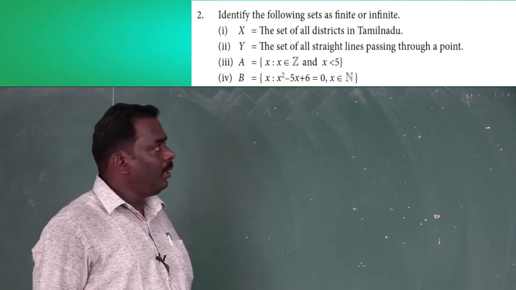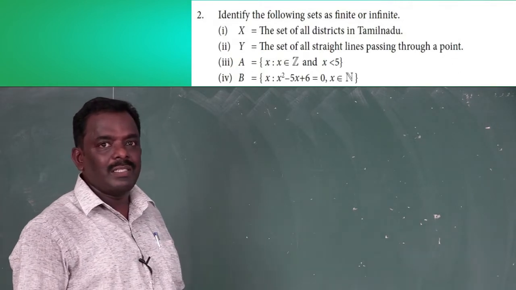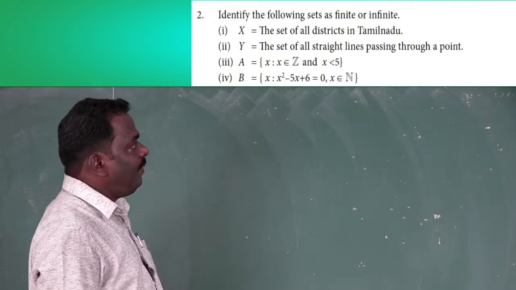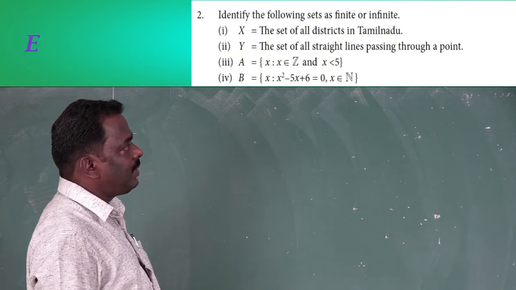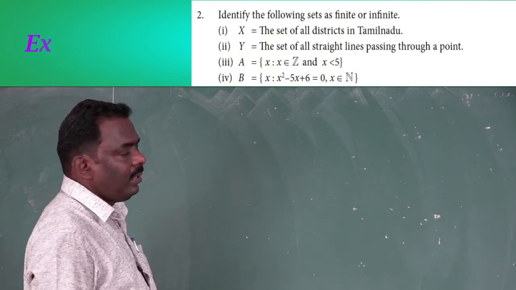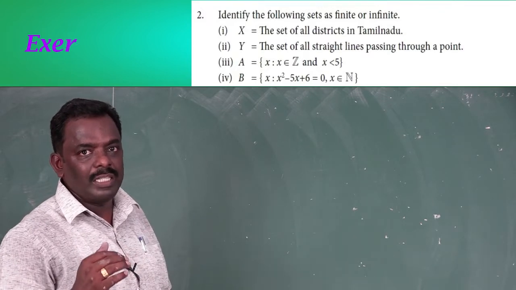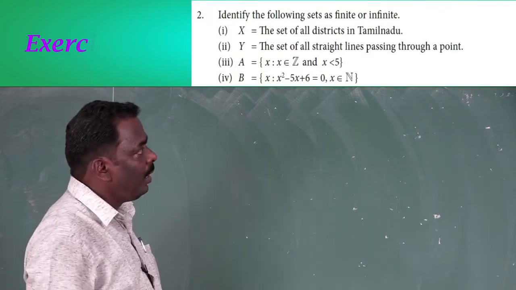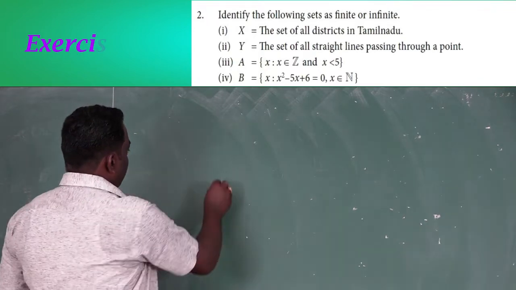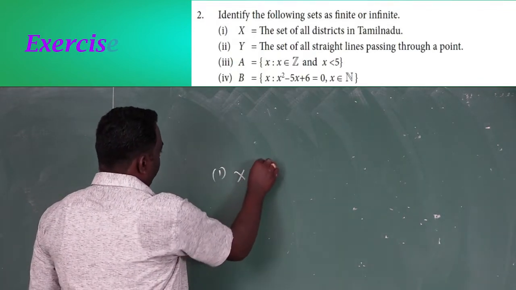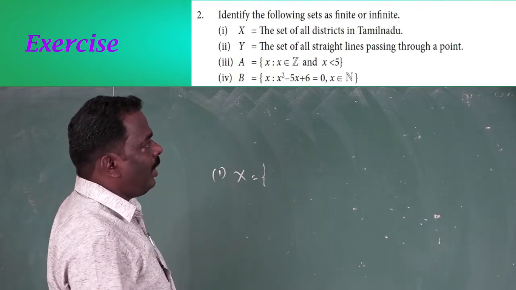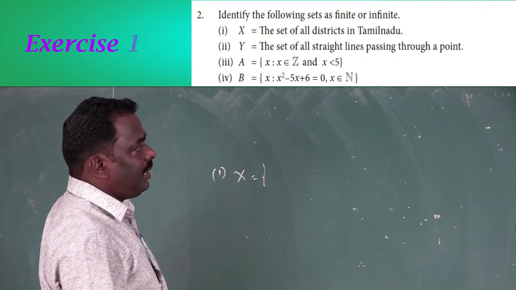The next problem, question number 2 in exercise number 1.2. Identify the following sets as finite or infinite. We want to verify whether each of the following is finite or not finite. The first one is the set X defined by the set of all the districts in Tamil Nadu.